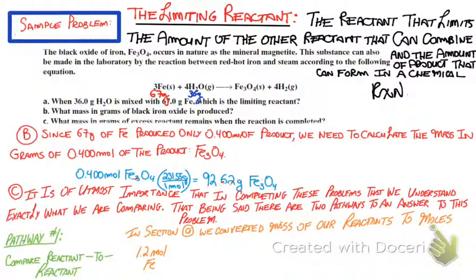Now, we're going to use one of those, so we're going to start with 1.2 moles of iron, which we calculated in A. Again, we're going to use the molar ratios now. We're comparing iron and water, and it's a 3-to-4 ratio. For every 4 moles of water, I need 3 moles of iron. That's the molar ratio taken from the balanced chemical equation.